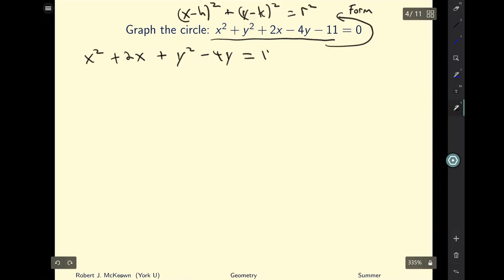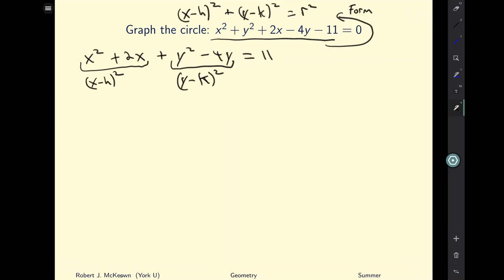And that's going to be equal to 11 because we've added 11 to both sides of the equation. Now, we still have work to do because we want this thing here to look like that, and we want this thing over here to look like that. How are we going to do that?